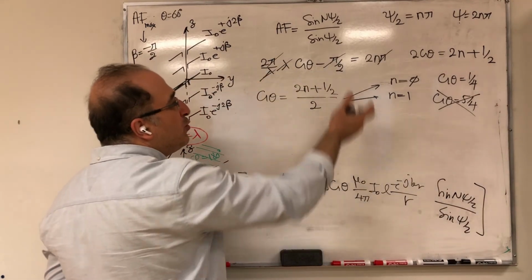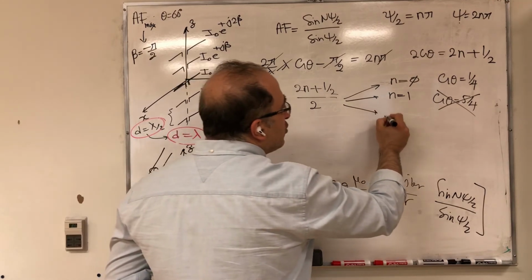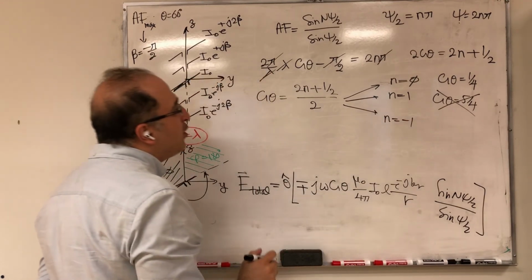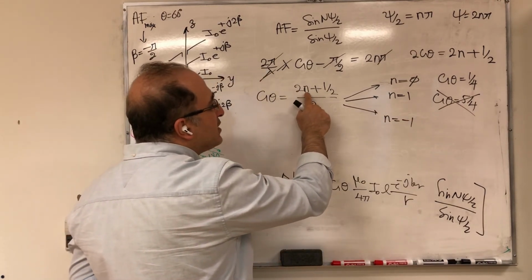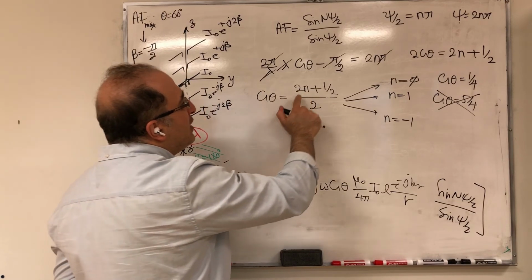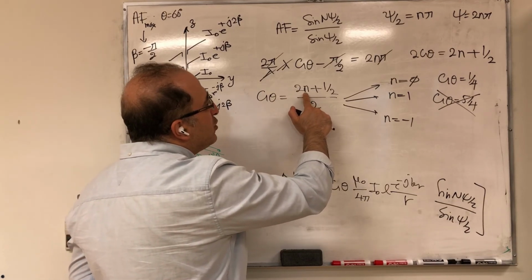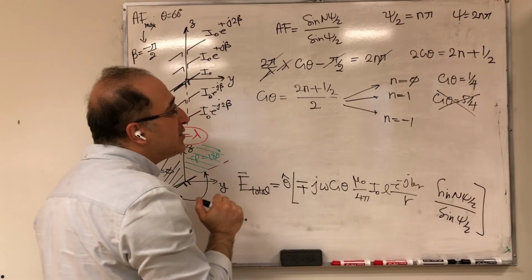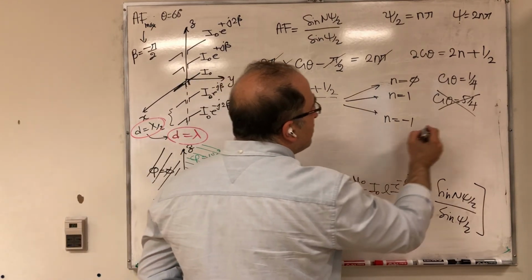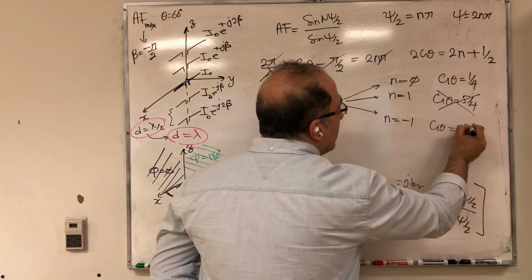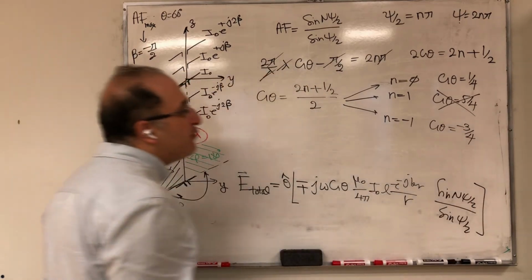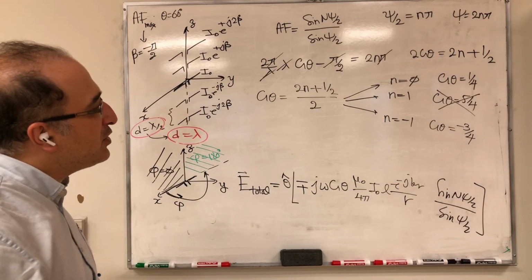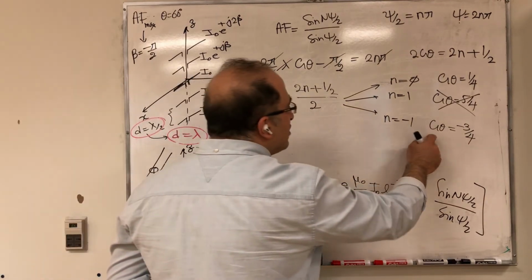So I'm not going to go to plus 2. Instead, I'm going to go to negative 1. If I go negative 1, I'm going to have minus 2 plus 1 divided by 2, which is minus 3 divided by 2, divided by 2, so minus 3 divided by 4. So that's what I have. That's definitely going to give me a solution.